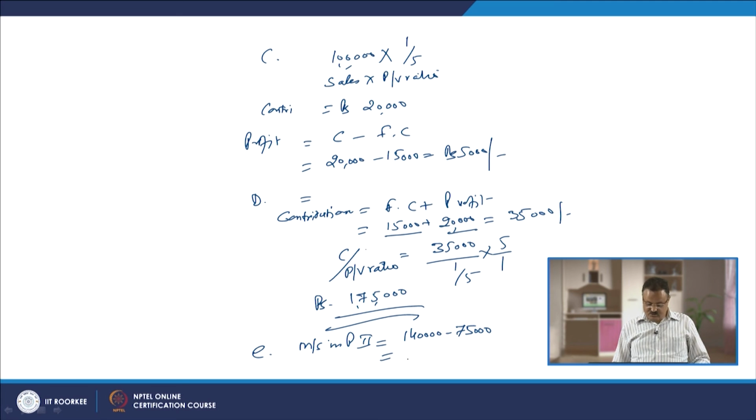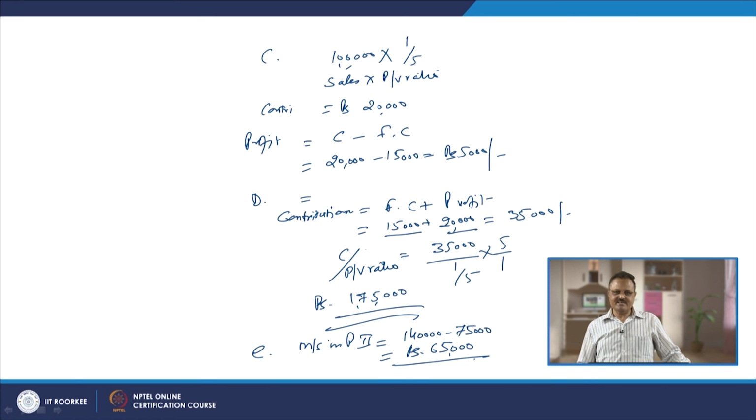So, the margin of safety is going to be 65,000 rupees, because up to 75,000 rupees we are at the point of no profit or no loss, and after that whatever sales we make up to 140,000 rupees will be the margin of safety, and that amount is 65,000 rupees.